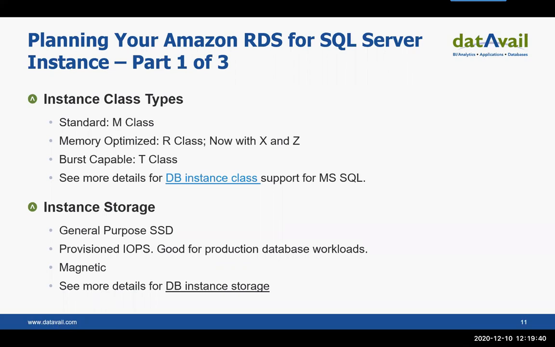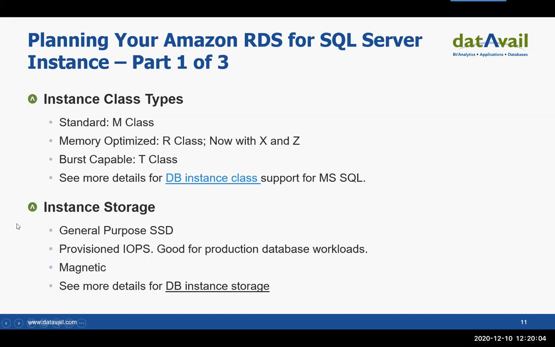For databases, for SQL, generally speaking, you're going to use the memory optimized class type. Again, you're going to have more details here, and I definitely suggest everyone review documentation from AWS. It's amazing. Just review them, and they're very concise and to the point, extremely well written.